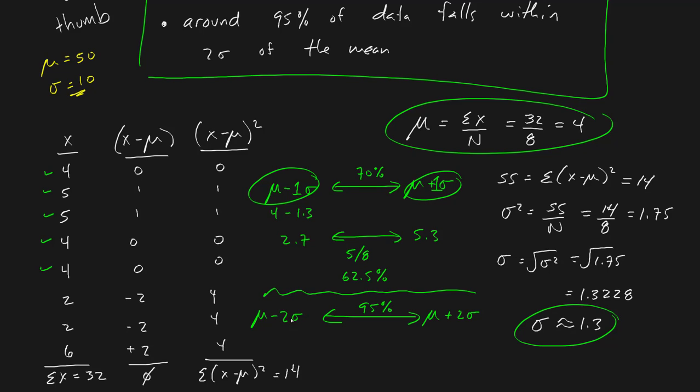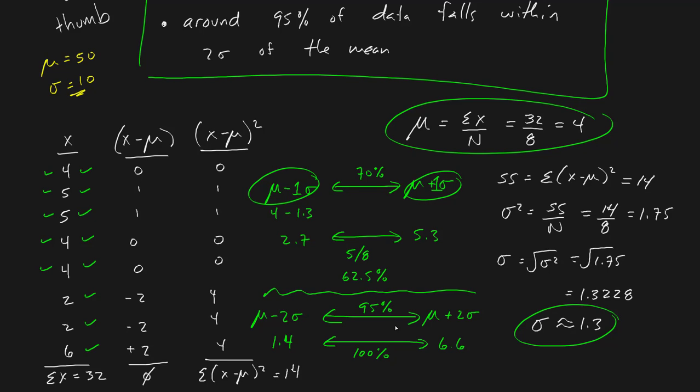This is minus 2 times 1.3, so that's 2.6. So 4 minus 2.6 is 1.4. So from 1.4 all the way up to 4 plus 2.6, which is 6.6. Well, how many of my scores are between 1.4 and 6.6? This is, and these are, and this is, and this is. So I get 100% of my scores.